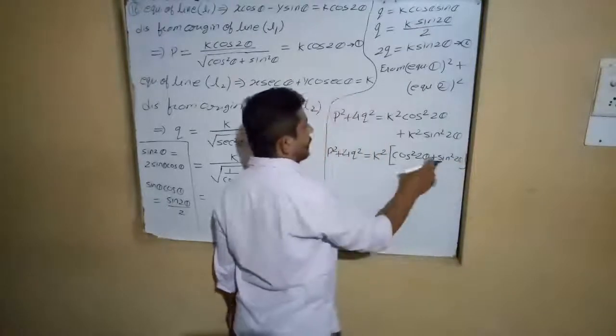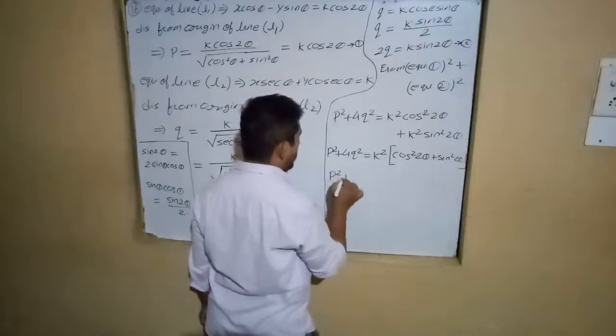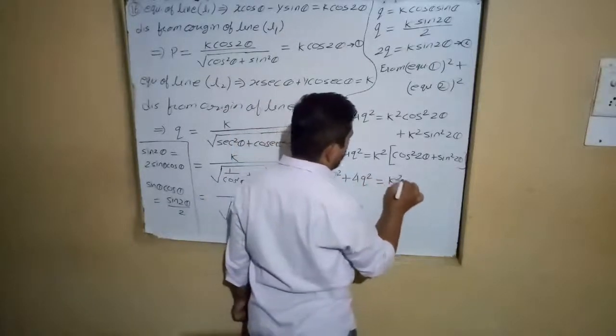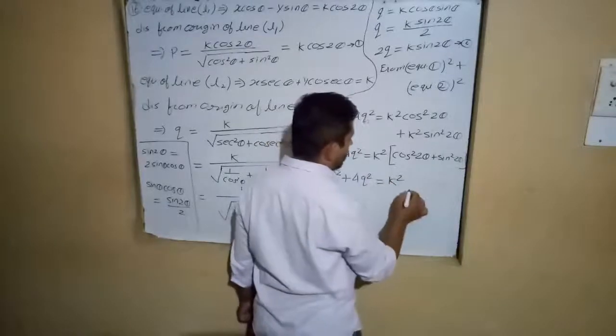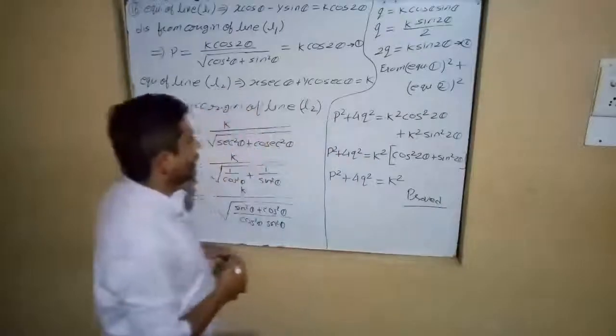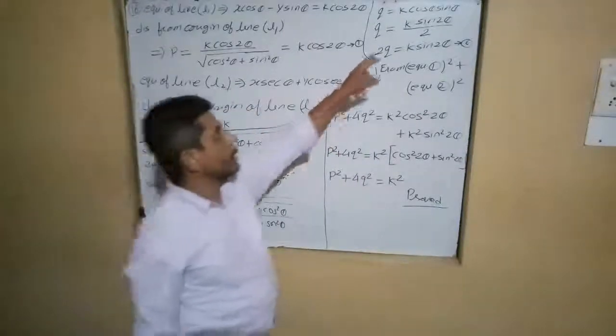Now look here, sin square theta plus cos square theta is equal to 1. So therefore P square plus 4Q square is equal to k square into 1, means k square. Proved.